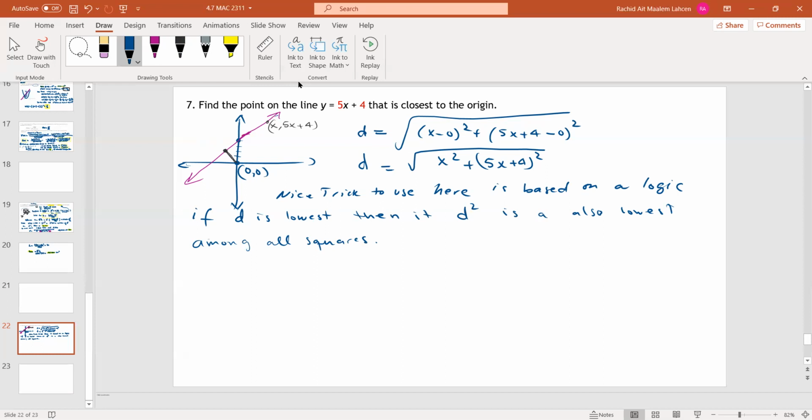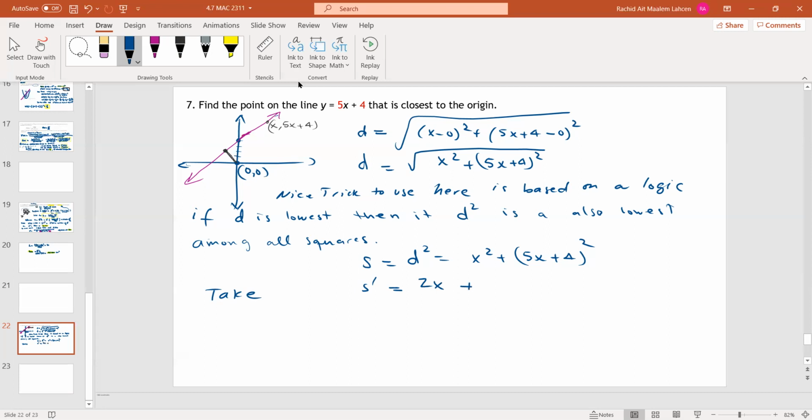So instead of dealing with the square root and all this, we're going to remove the square root, and we're going to say S is d squared, which is x squared plus 5x plus 4 squared. And S is now like that distance, but squared, because that square is also going to be the lowest among all the other squares of all the other distances. So now if we take the derivative, you see we don't have to deal with the square root and all that.